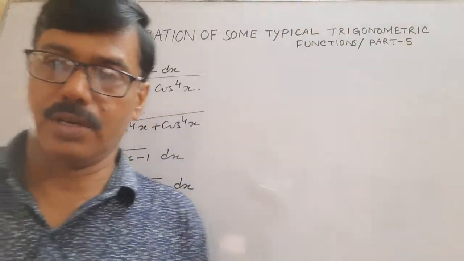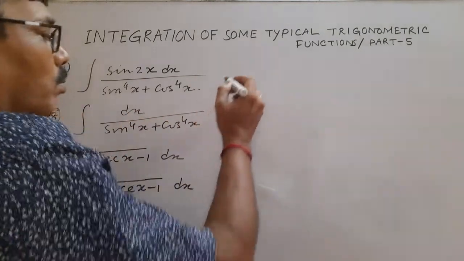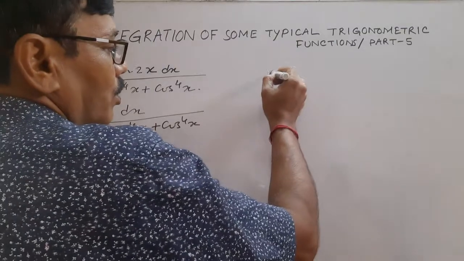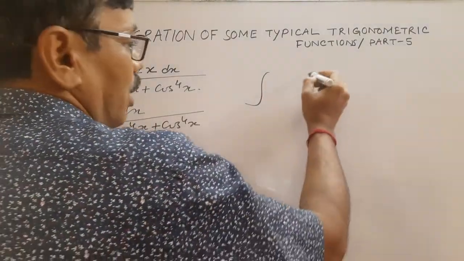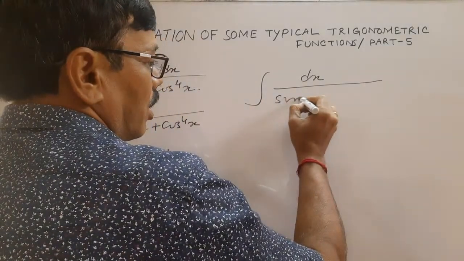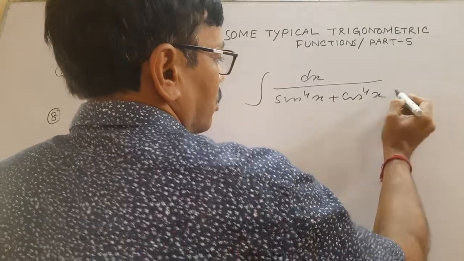Now we consider 4 more problems: problem number 7, 8, 9, 10. Suppose problem number 8: dx by sine to the power 4x plus cos to the power 4x.